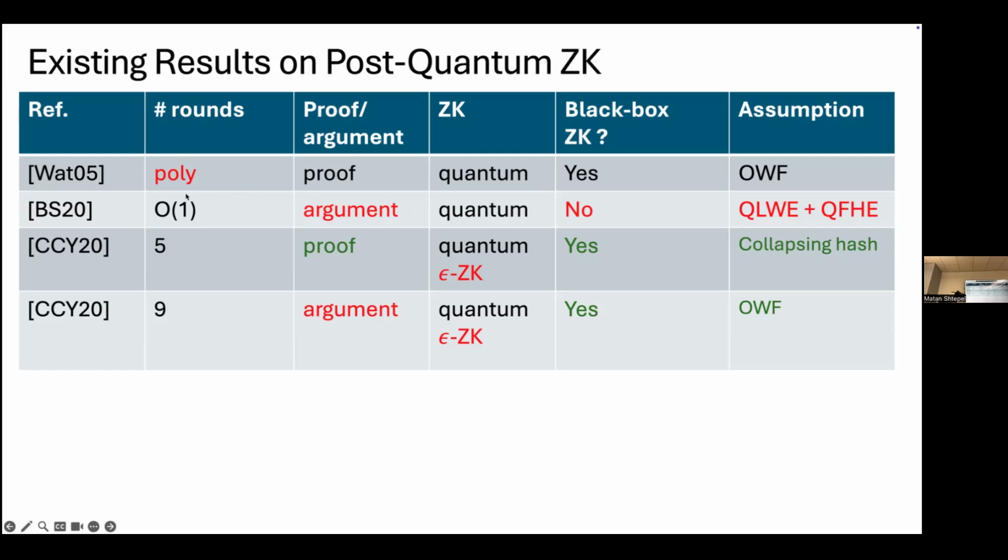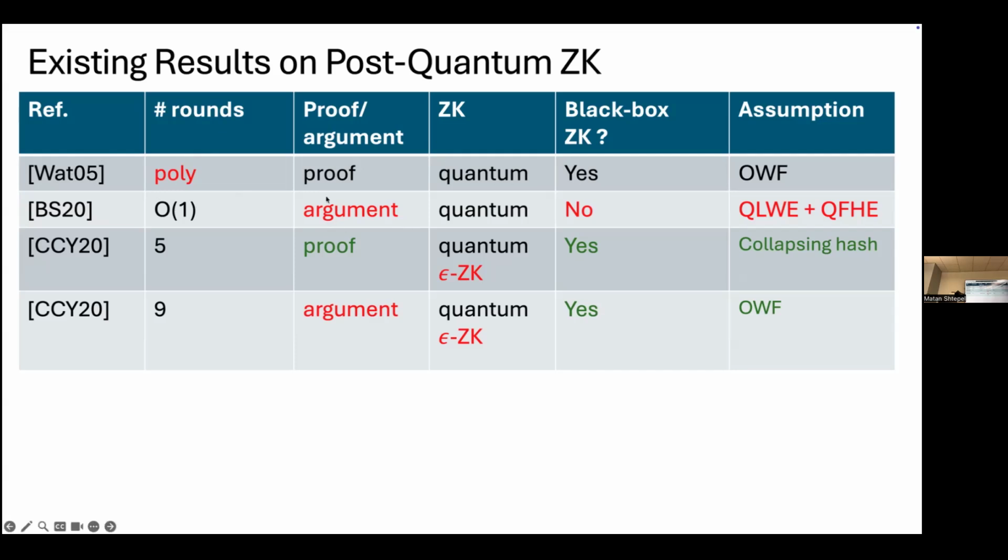So for three-coloring, there's the first proof by Watrous, where you can achieve poly-round, because in his protocol there's a constant-round protocol with only constant soundness, and in order to reduce the soundness error you have to sequentially repeat it.